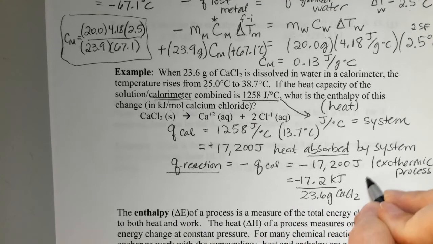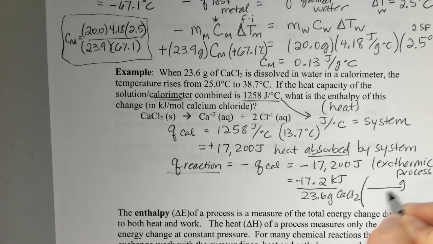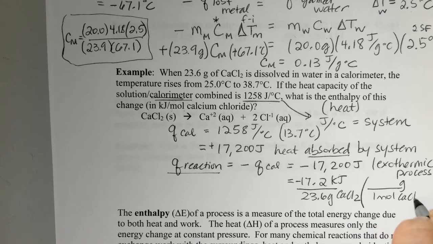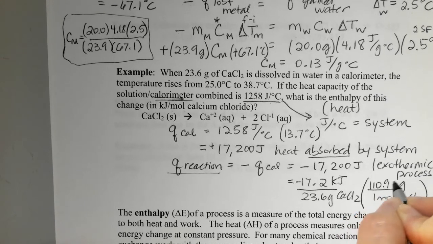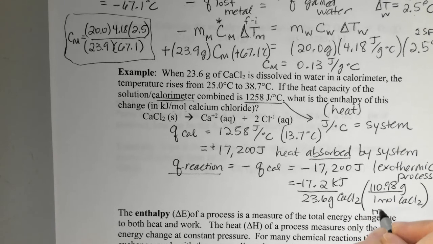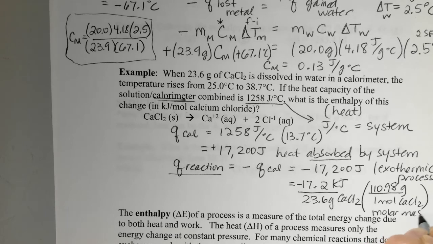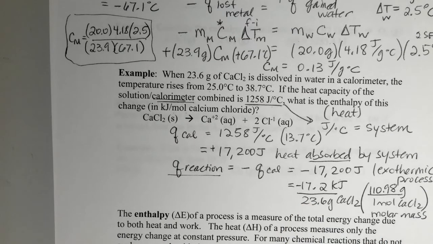And so to go grams to moles for the calcium chloride, we just need the molar mass. So calcium 40.08, the two chlorines 70.9, so I get 110.98 for the molar mass of the calcium chloride. So basically 23.6 divided by 110.98 tells me how many moles I had.